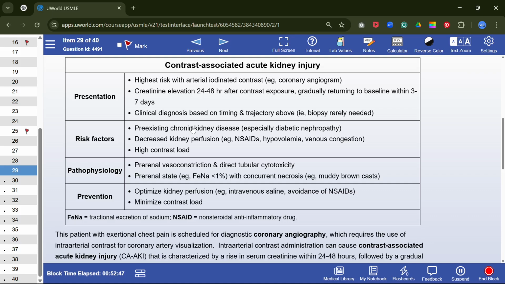Pathophysiology is prerenal vasoconstriction and direct tubular toxicity. Prerenal state, FeNa less than 1, with concurrent necrosis, muddy brown casts. Prevention: optimize kidney perfusion, intravenous saline, avoidance of NSAIDs, minimize contrast load.